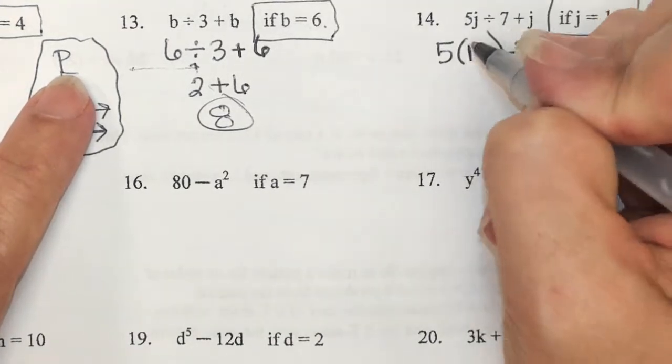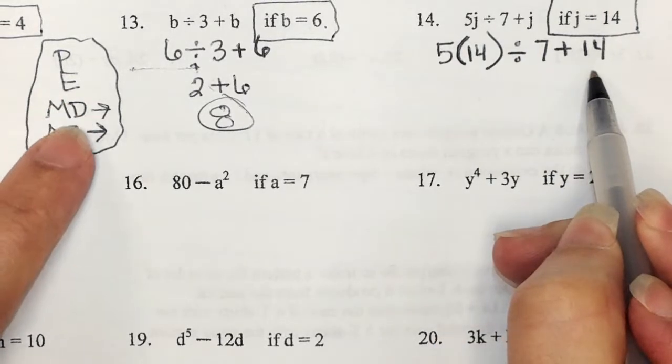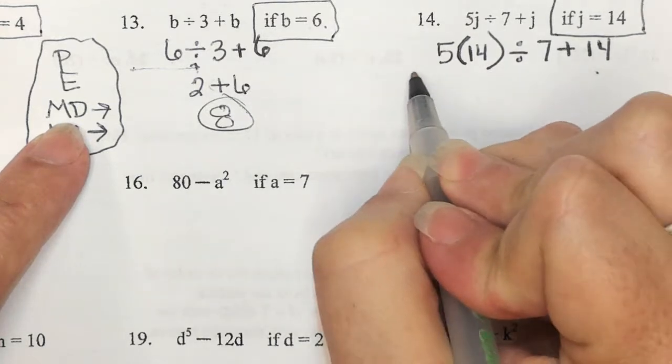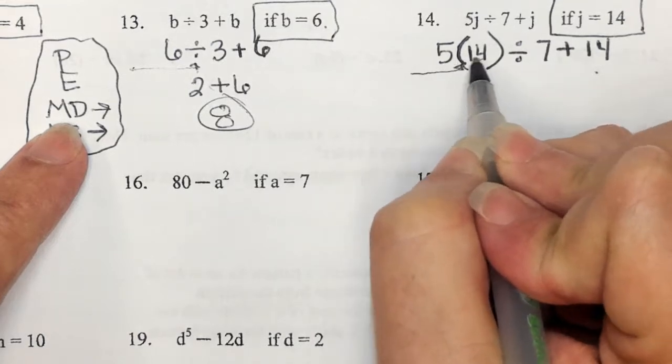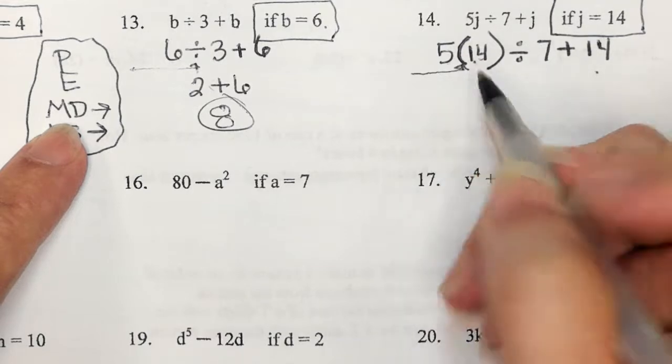Parentheses, no, because I need this to mean multiply. Exponents, no. Now, watch. Listen. Multiply or divide from left to right. Multiply or divide, multiply or divide, multiply or whoop. I got to do that first because that means multiply. So 5 times 14 is 70.